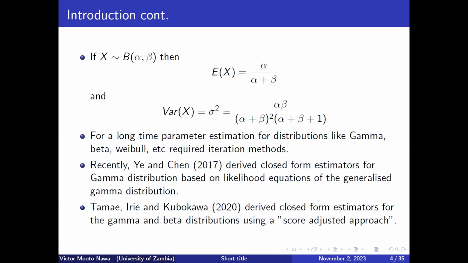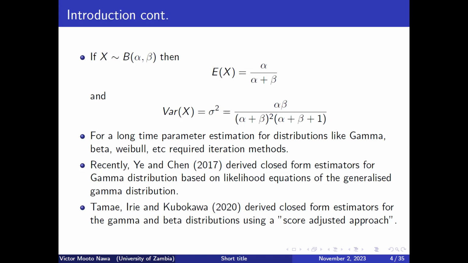A short background on what motivated the research: for a long time, parameter estimation for distributions like the gamma, beta, Weibull, and many others required iterative methods, since there were no closed form solutions. But recently, in 2017, Ye and Chen derived closed form estimators for the gamma distribution, based on likelihood equations of the generalized gamma distribution.